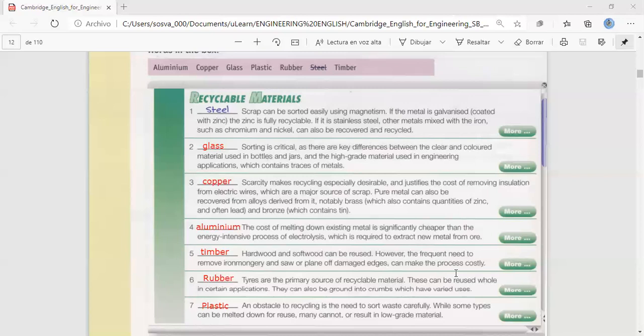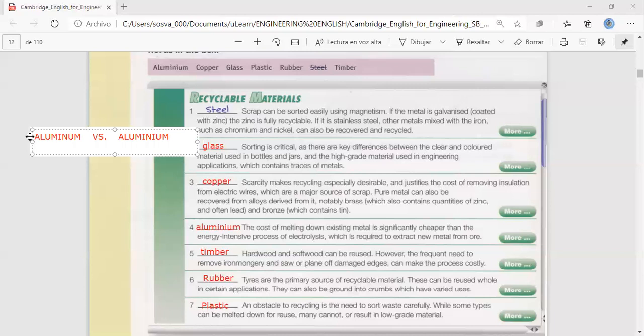Now, something that I want to show you is the word aluminum, okay? I want to show you a difference. We sometimes say aluminum like this, but sometimes we also say aluminium with an I. What's the difference?